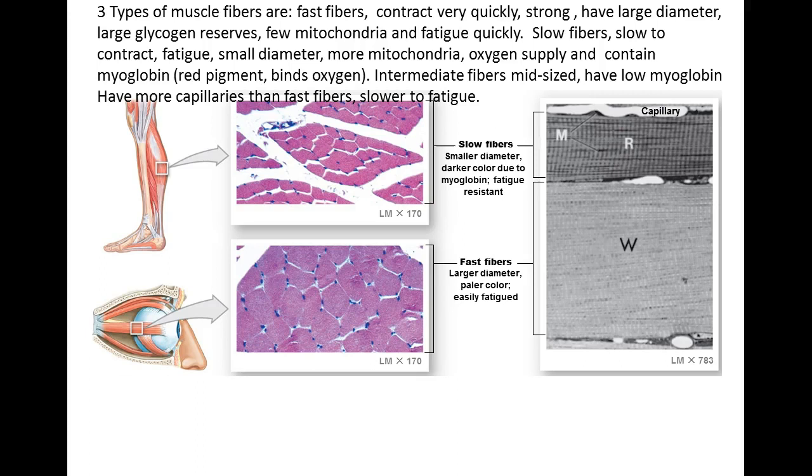They're small in diameter. They have far more mitochondria and more vascularization, with more capillary beds per unit, so more oxygen supply, and they tend to contain a type of hemoglobin-related protein that we call myoglobin, which is found in the muscle and binds to oxygen.